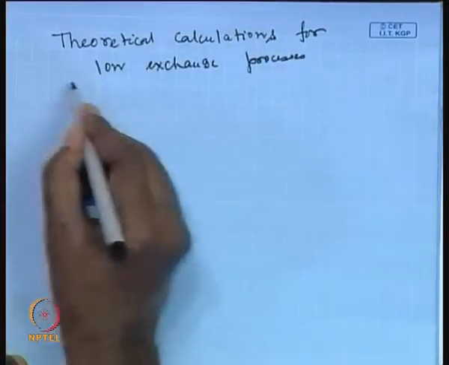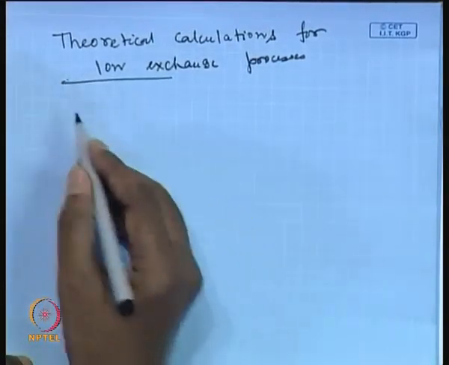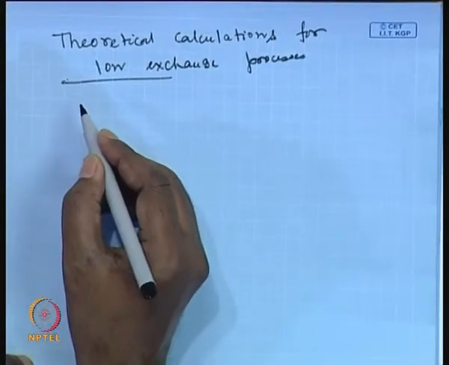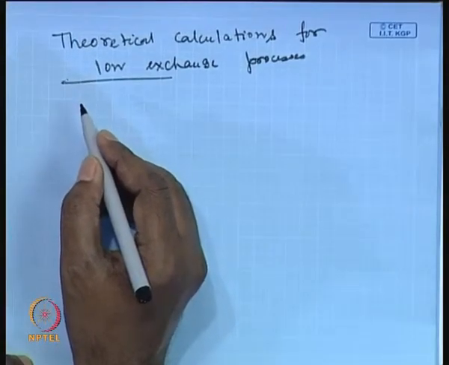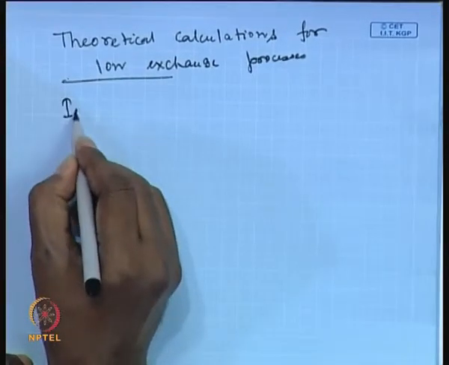Again, you are going to have a column here, and the ion movement theory will be almost similar to the solute movement theory in the chromatographic column.